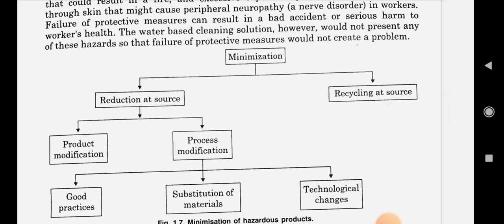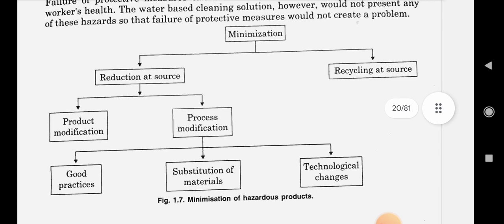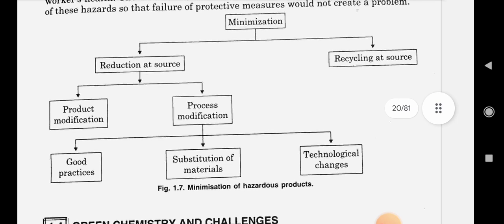Failure of the protective measures can result in bad accidents or serious harm to workers' health. The water-based cleaning solution, however, would not present any of these hazards, so failure of protective measures would not create a problem.